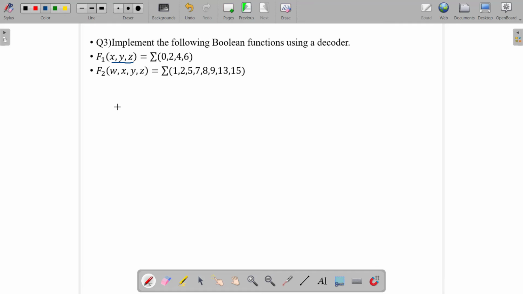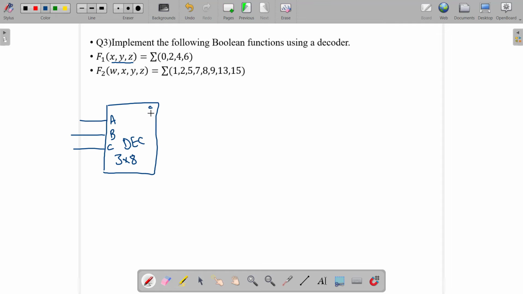According to the number of variables, we can determine the type of the decoder, because we have 3 inputs A, B, C. We have to design the 3/8 decoder, because the decoder is n by 2 to the power of n.